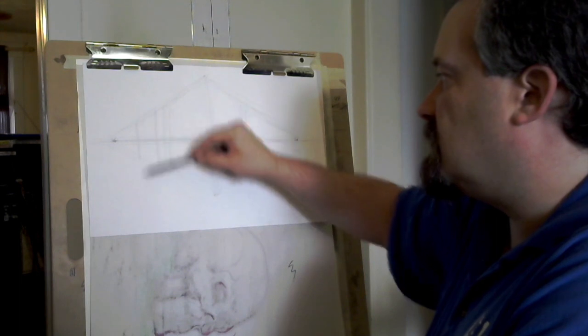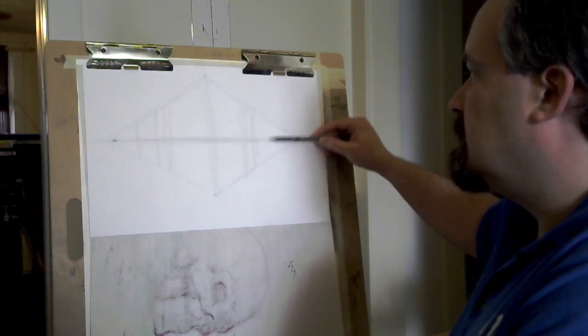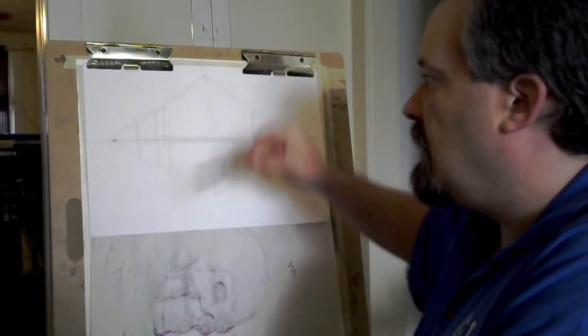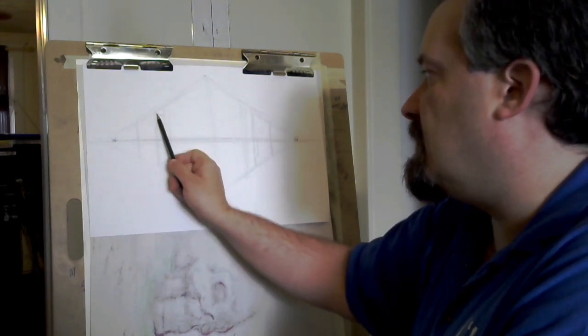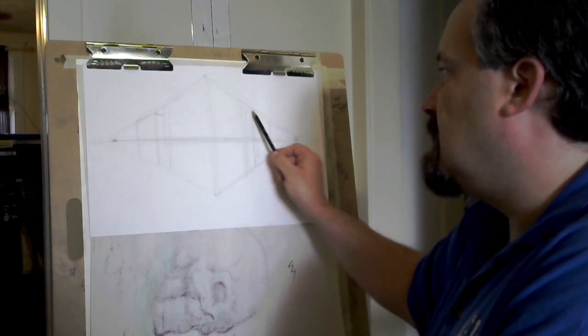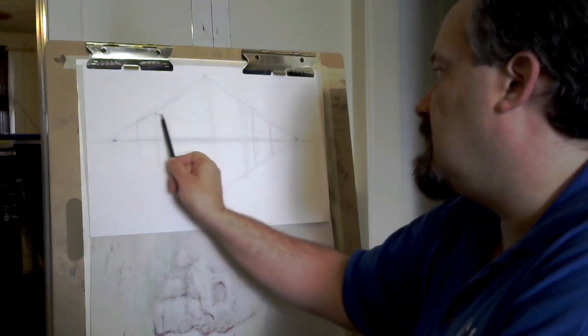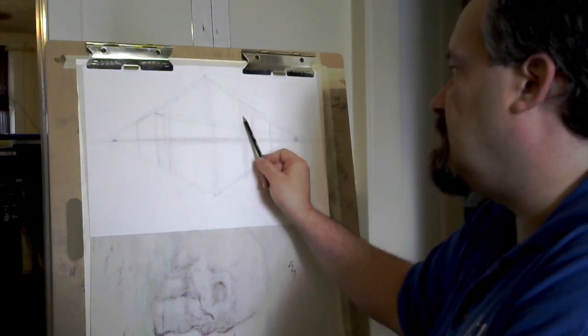Add some more of these transverse lines. And then what I'm going to have to do with these lines that are separating these masses is make sure that they actually vanish to the opposing vanishing points.